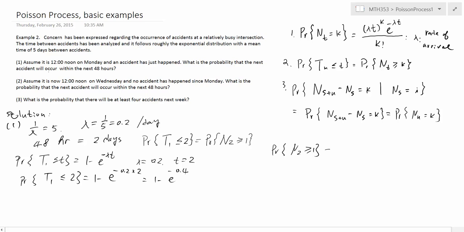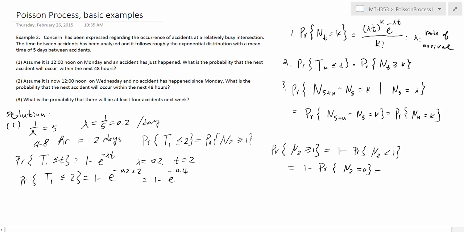The complement is easier to calculate, so this is 1 minus the probability that N2 is less than 1. Now N2 is a discrete random variable, so this is the same as 1 minus the probability that N2 is equal to 0, because that's the only possibility.